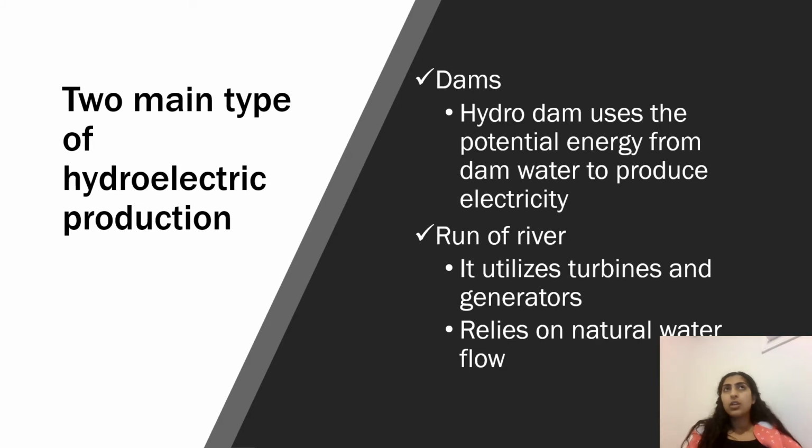Here we have the running water of a river. It could be fast, it could be slow, and that totally depends upon nature. That's how we get electricity from run-of-river. Because run-of-river hydro is subject to natural water variability, it is more intermittent than dam hydro.